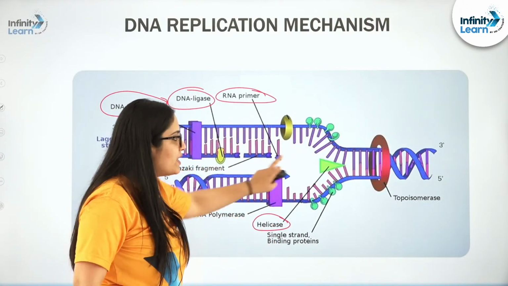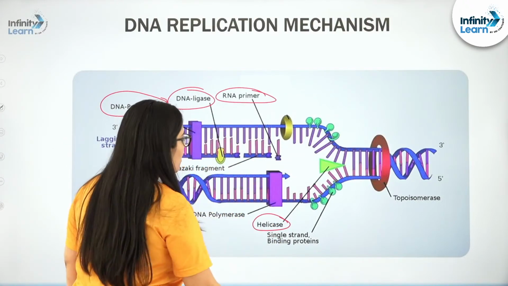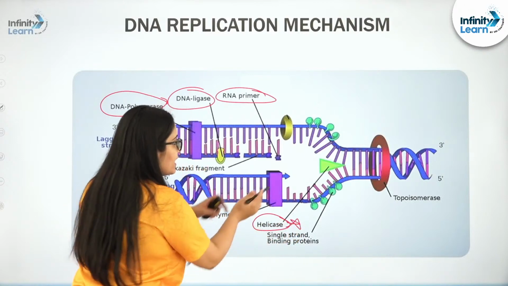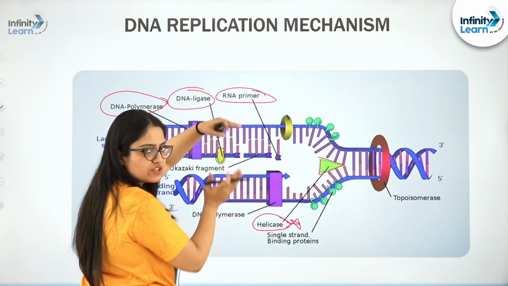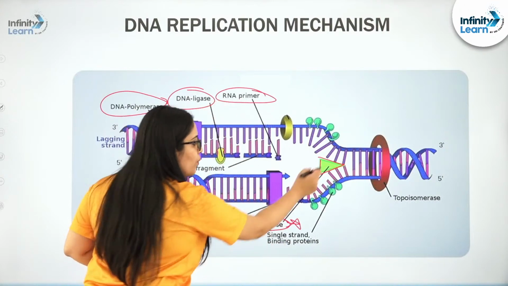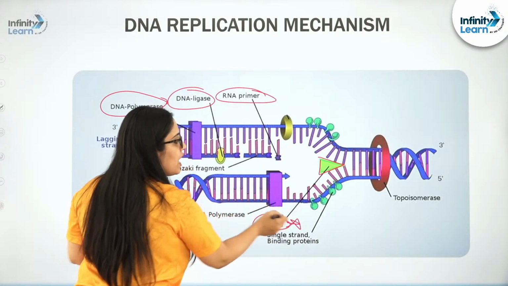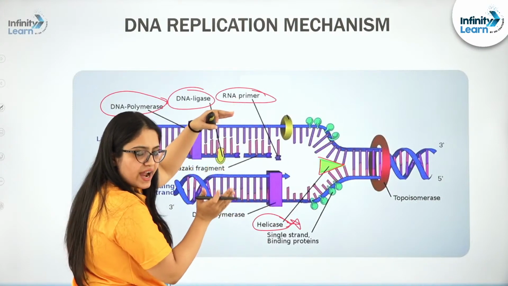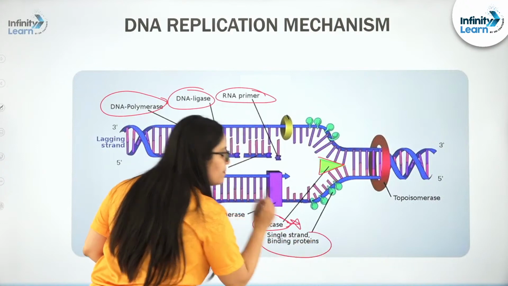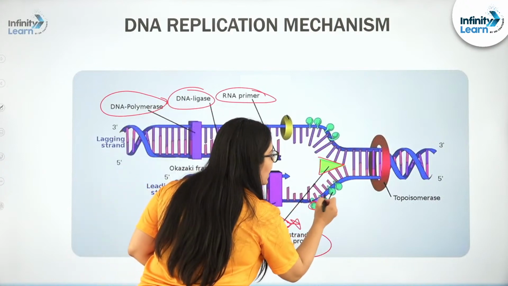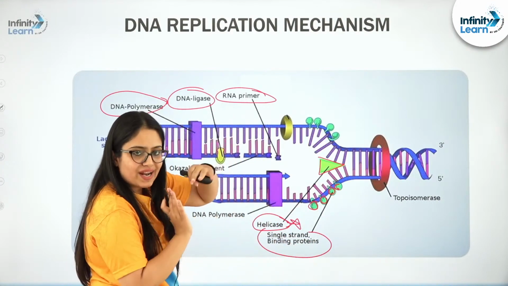Remember, this replication process is starting at ORI, where helicase will separate the 2 strands of the parental DNA molecule, and these separated DNA strands will be stabilized with the help of single strand binding proteins.